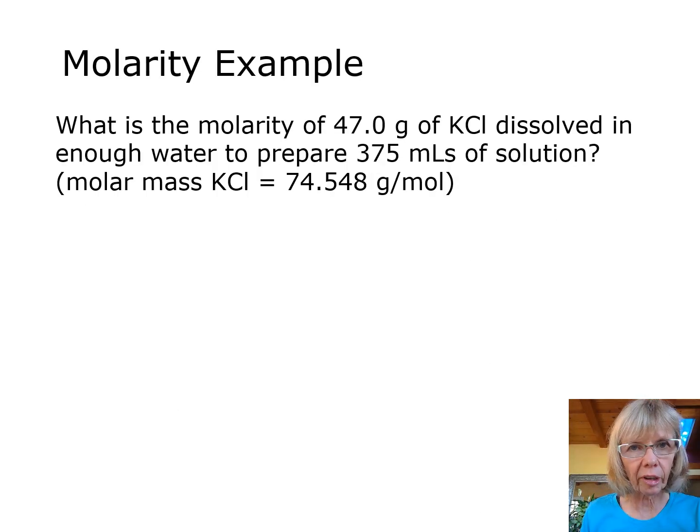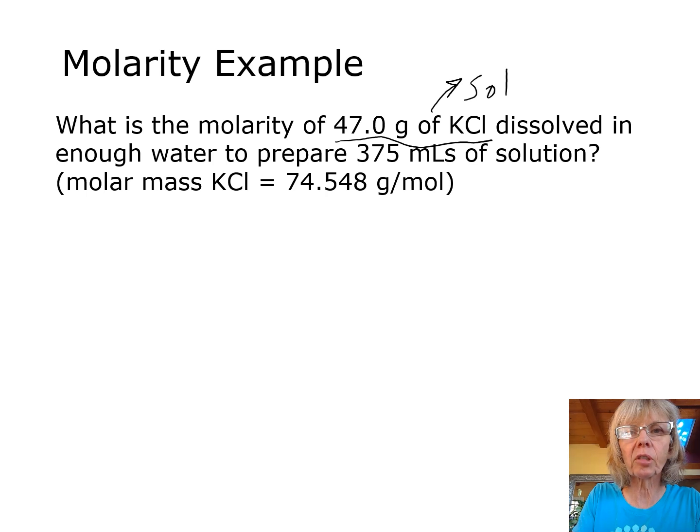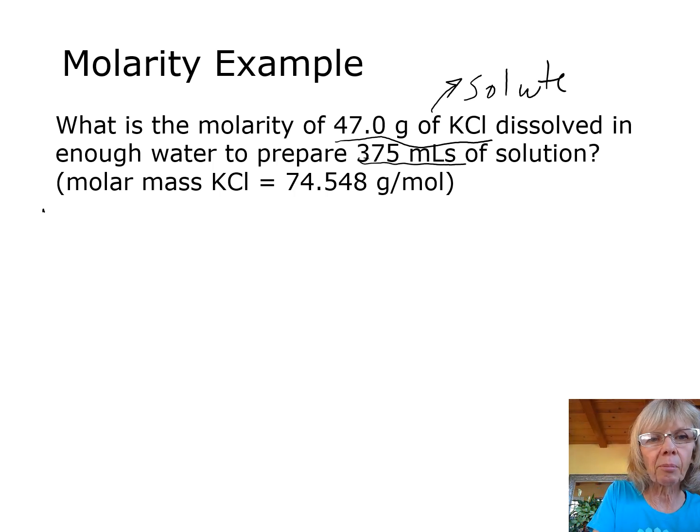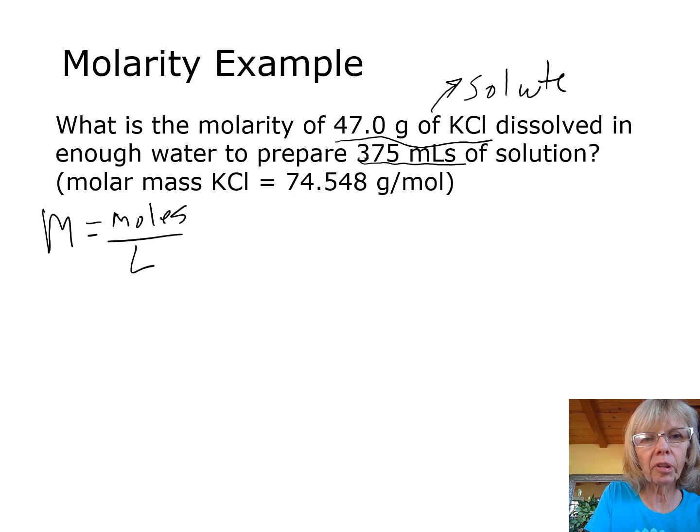Here's another molarity example. In this example, we want to know the molarity when we have 47.0 grams of KCl, which is our solute, dissolved in enough water to give us a total volume of solution of 375 milliliters. So again, molarity is equal to moles per liter.